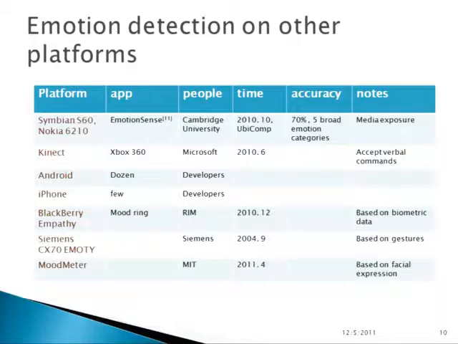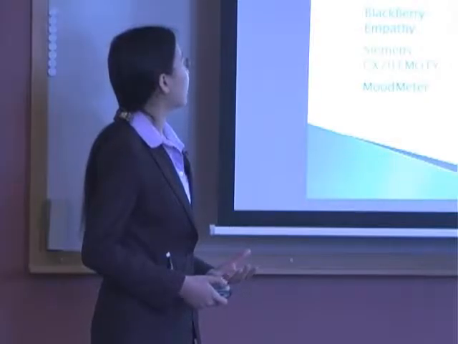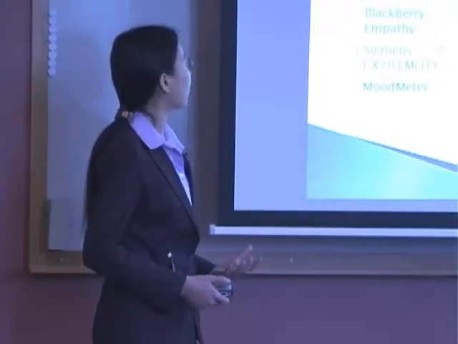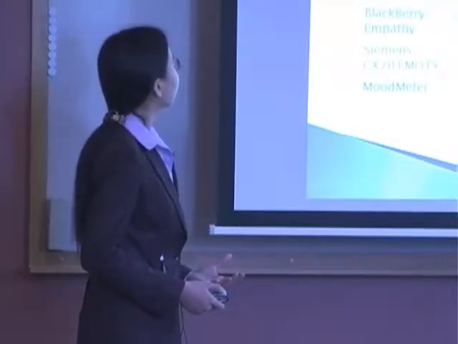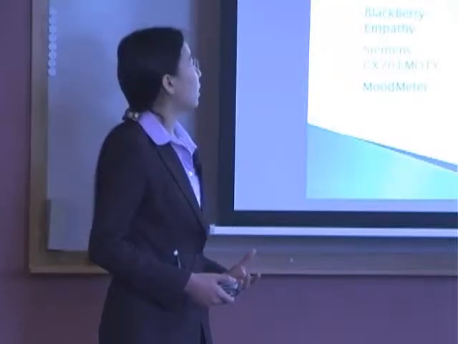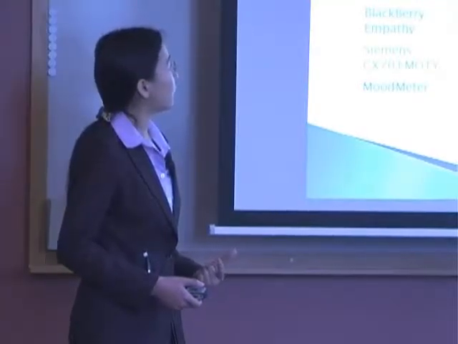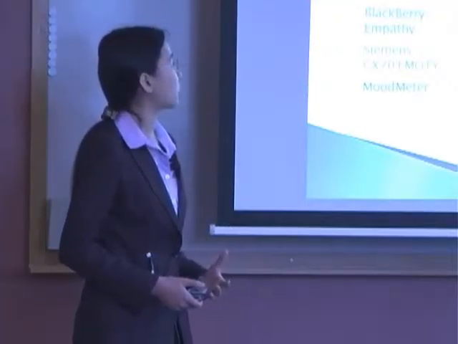Okay. So there are already some emotion sensing applications out there in academia or in the market. For example, the Symbian phone app that Cambridge University developed is called Emotion Sense, which can detect with around 70% accuracy based on 5 broad emotion categories.